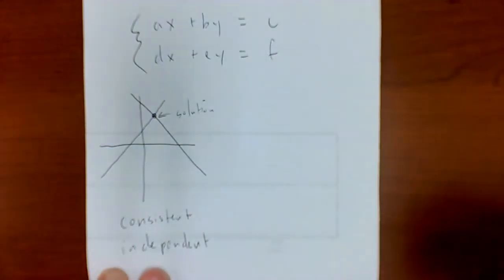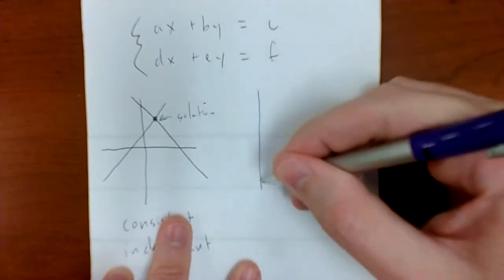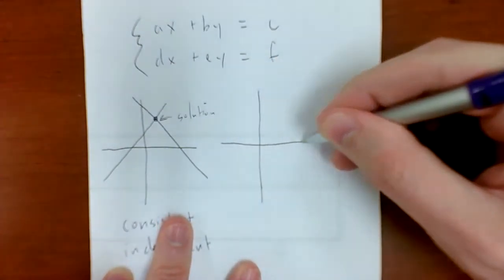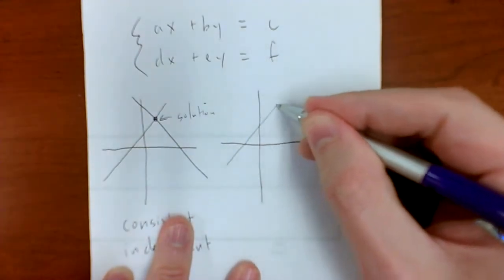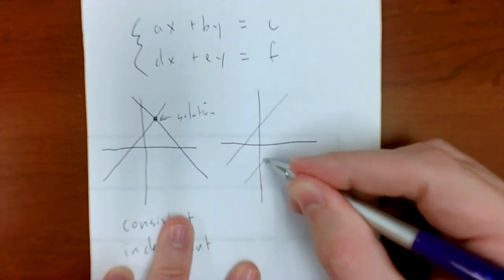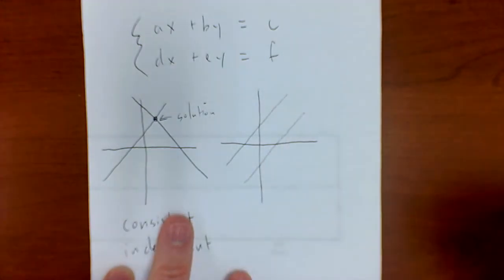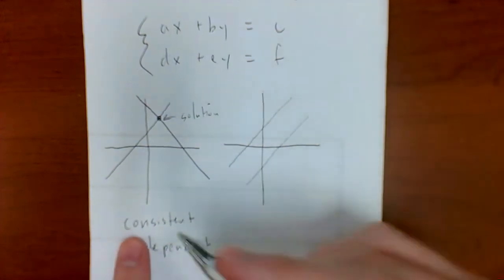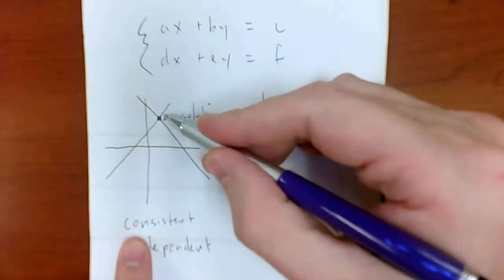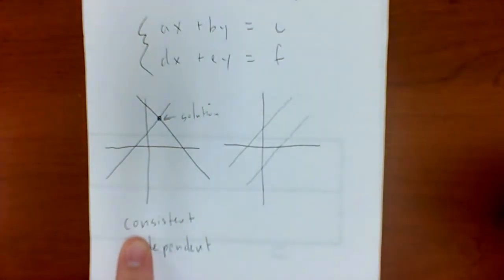But that's not the only thing that can happen. Let's run through all three cases of what we could run into. If we have an XY grid like this, the second case might be one line comes up here like this, and then the other line comes along like this, and our two lines are parallel. That's the second thing that can happen. Okay, and over here, this was consistent because it had this one solution, and that one solution was at that point where our two lines crossed.